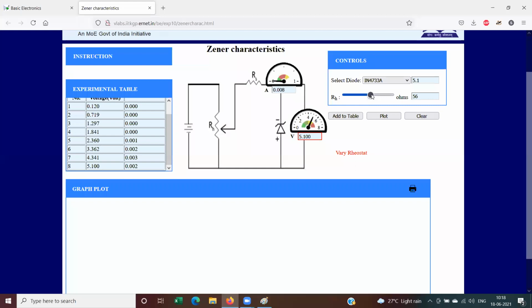But see, as I increase this, the current is increasing, but the voltage is not increasing anymore. The voltage is fixed at 5.1 volt. Keep increasing current.